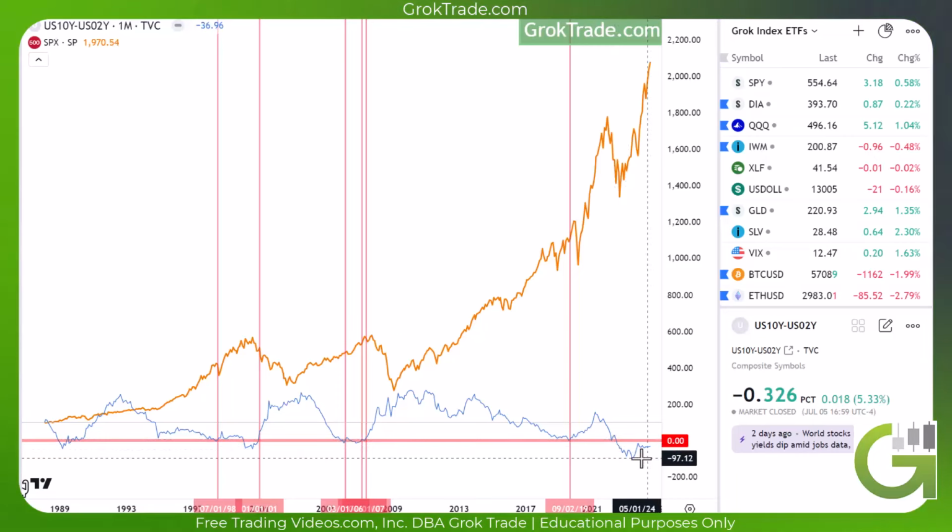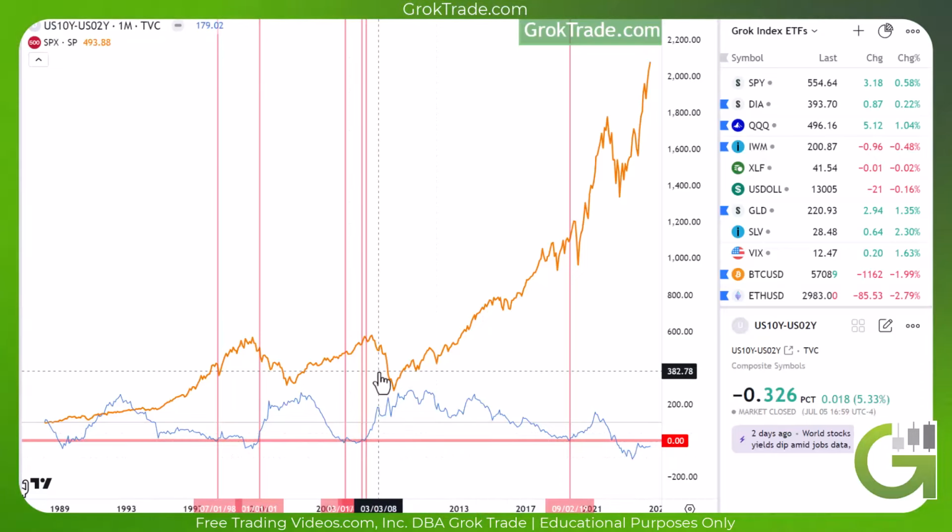Now what we're in at this very moment, guys, is the deepest and the longest inversion we have ever seen. 100% of the times, anytime that has happened in the past, we've always gone into a major recession. Not only that, double digit jobless levels. Okay, so unemployment. We go into double digit unemployment rates, right?